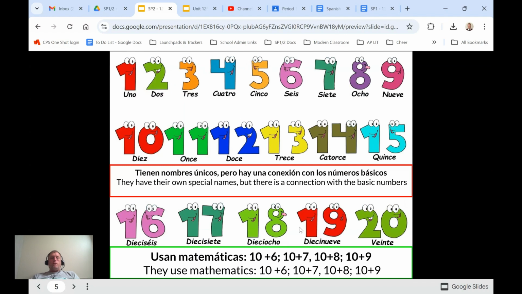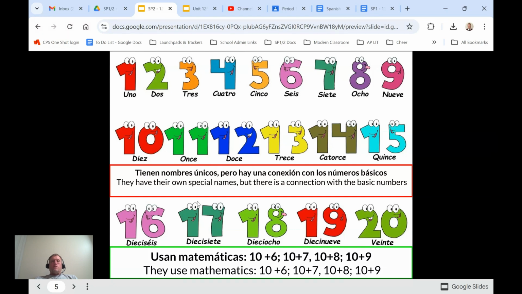Okay, so let's review from Spanish 1 our numbers. We do not have 0 on here. 0 is cero, C-E-R-O, cero. 1, 2, 3, 4, 5, 6, 7, 8, 9, 10, 11, 12, 13, 14, 15. So all of those have their own individual names.